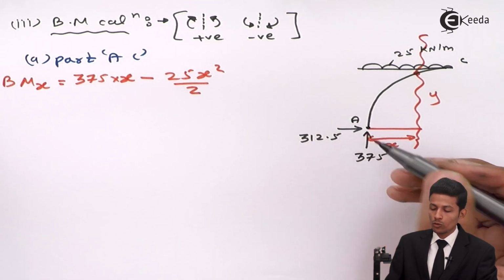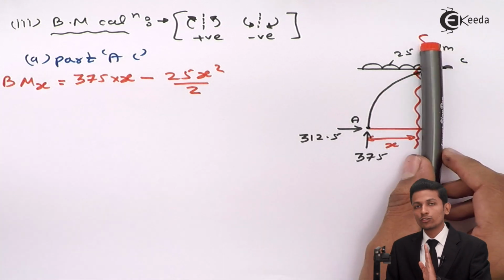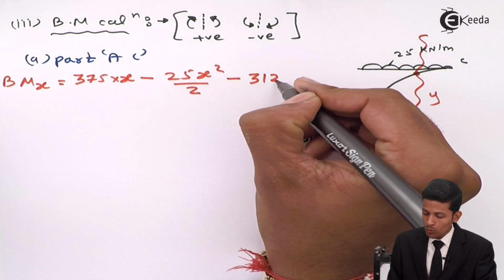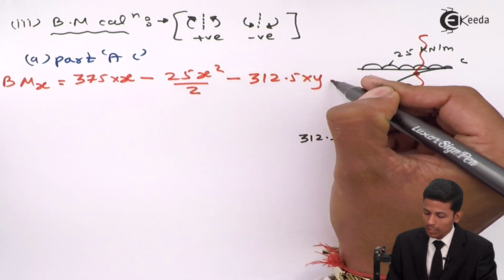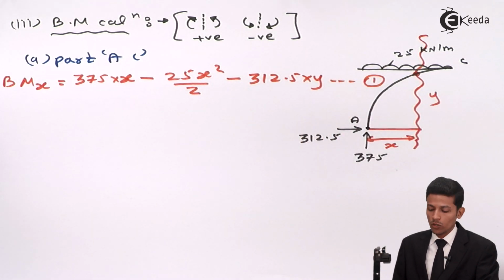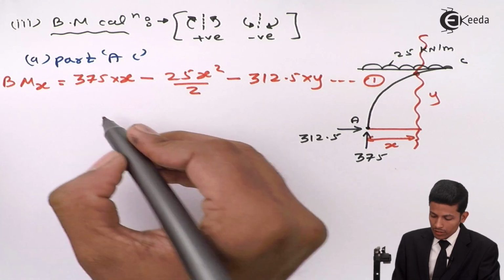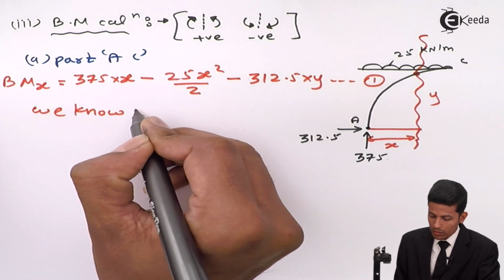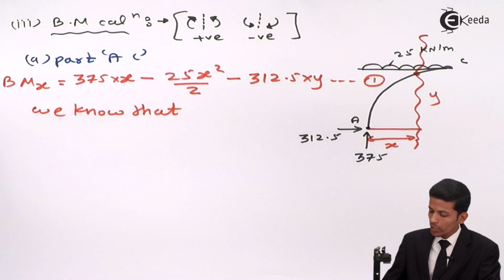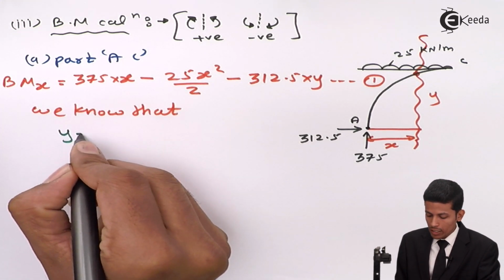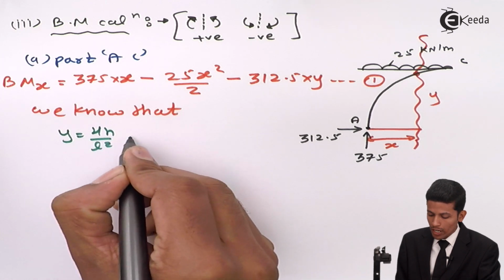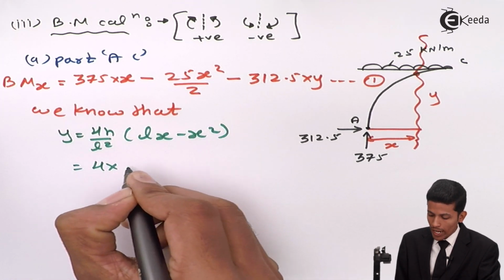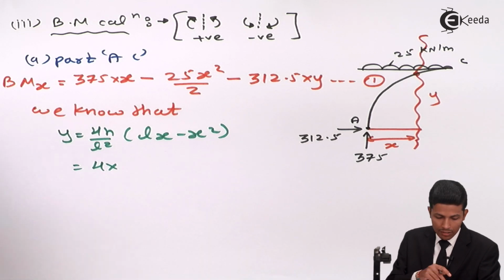Now this is also, if you open this arch, hogging, so minus 312.5 into Y. This is nothing but equation number 1. Okay, now just update it. But we know that Y is equal to 4H/L² into (Lx - x²). So 4 into H will be 8.